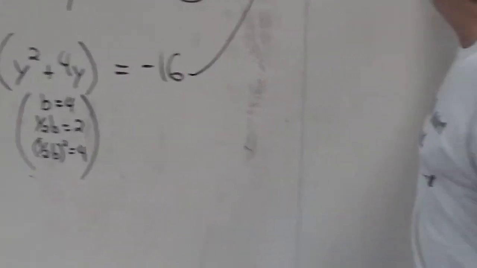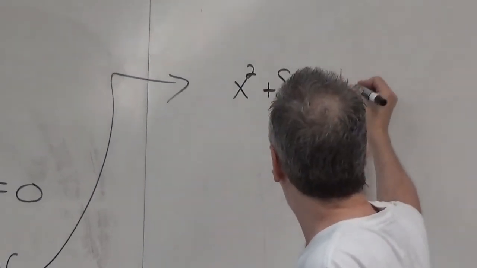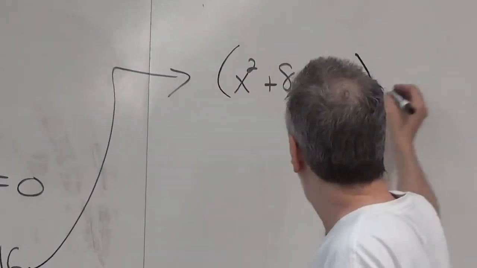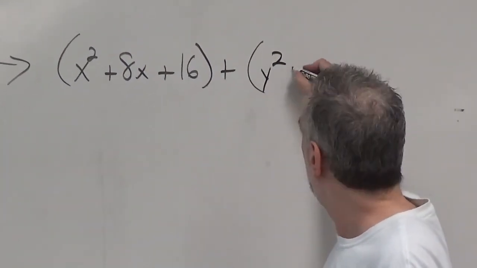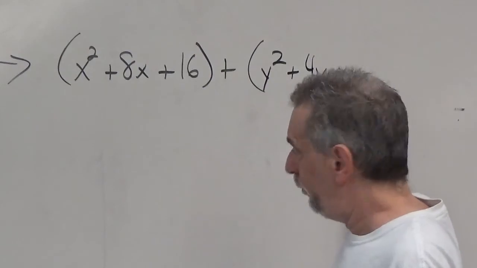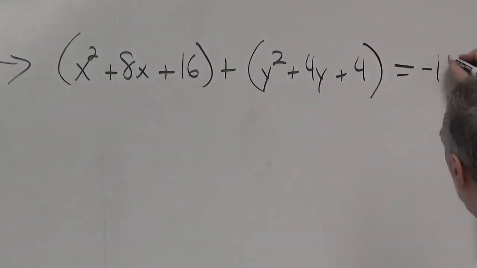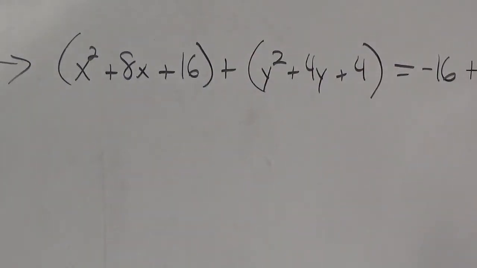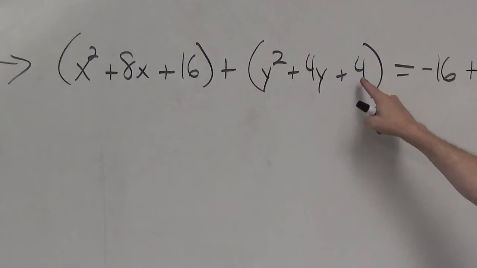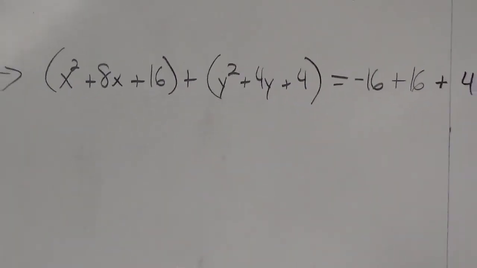So now we got x squared plus 8x plus 16 plus y squared plus 4y plus 4. And then on the other side, we got the negative 16. We added 16 to this side, so we have to add 16 to this side. We added 4 to this side, so we have to add 4 to that side.